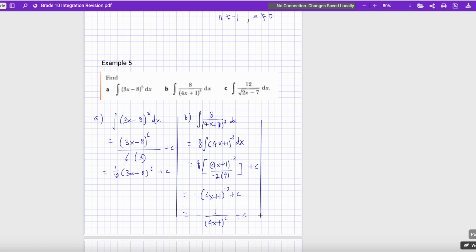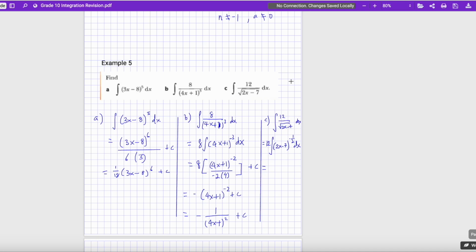You can pause here and try C first, or if not, you can just straight away check your answer. Alright, if you're going to integrate 12 over root of (2x - 7) dx, it's a bit small, so I can factor out my 12 first, and I'll integrate (2x - 7) to the power of minus half, dx.